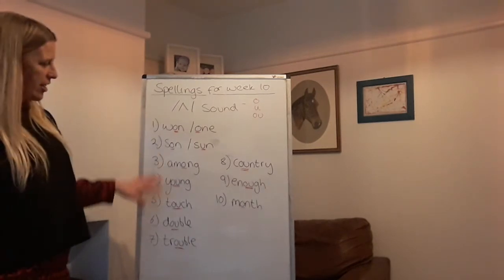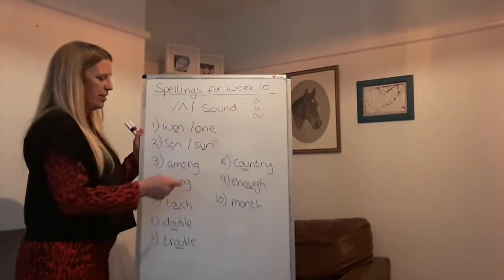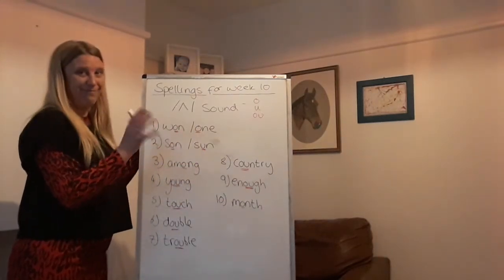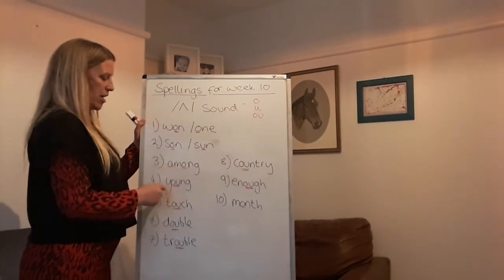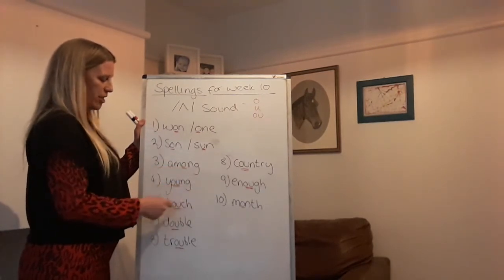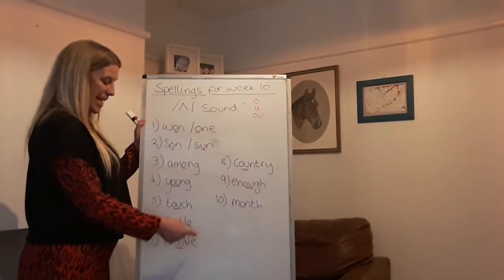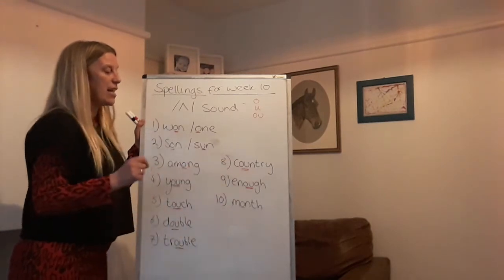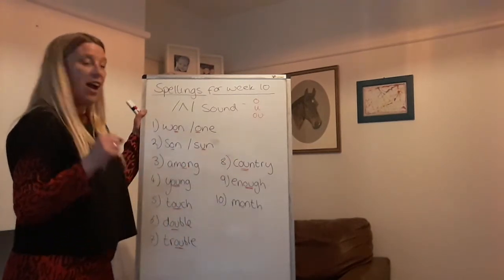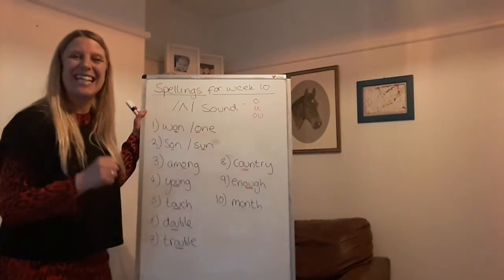Okay, so these are your words. I want you to learn to spell them. One, sun. Make sure you know which one. Among, AMONG. Young, YOUNG. Touch, TOUCH. Double, DOUBLE. Trouble, TROUBLE. Country, COUNTRY. Enough, ENOUGH. And month, MONTH.